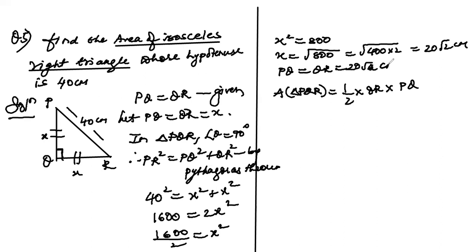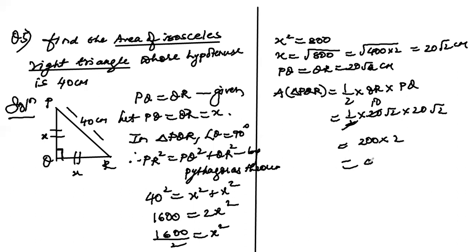Now you can find the area of the triangle. Area of triangle PQR equal half QR into PQ, half into 20 root 2 into 20 root 2. So how much do you get? 10 into 20 is 200, root 2 into root 2 is 2, so it becomes 400 square centimeter.